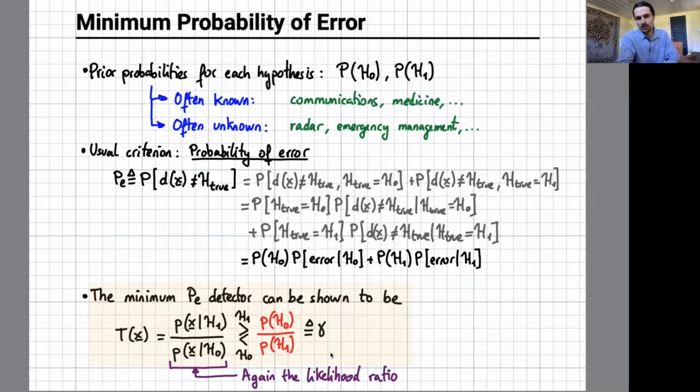And that is sometimes problematic because that involves computing the probability of false alarm, expressing it in terms of the threshold, and then solving that equation for the threshold.